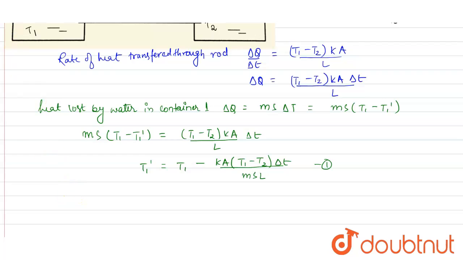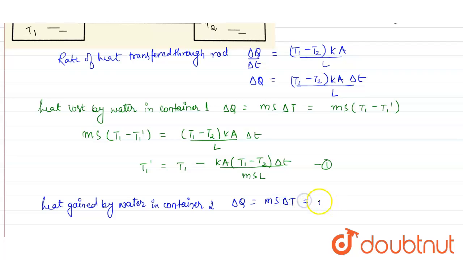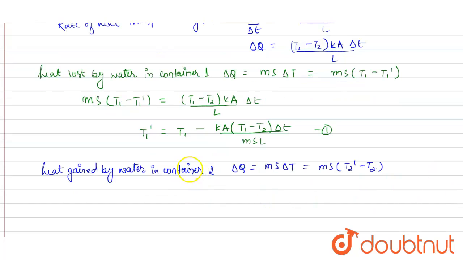Now calculate the heat gained by the water in container number 2. Delta Q will be m s delta T, which equals m s (T2 dash minus T2), correct? This much heat is gained, that is, transferred through the rod.